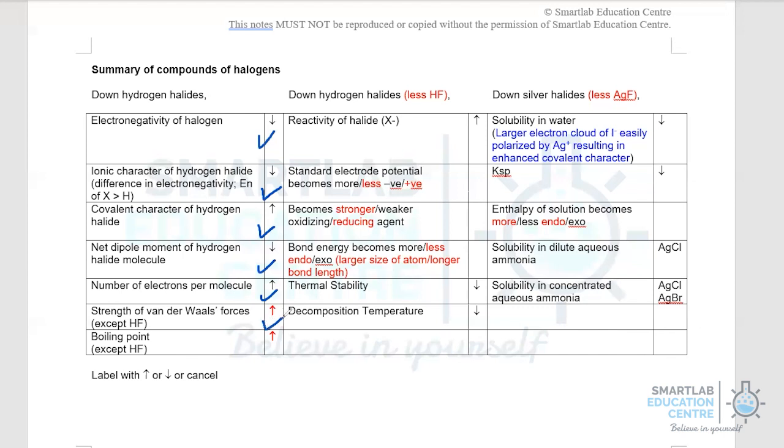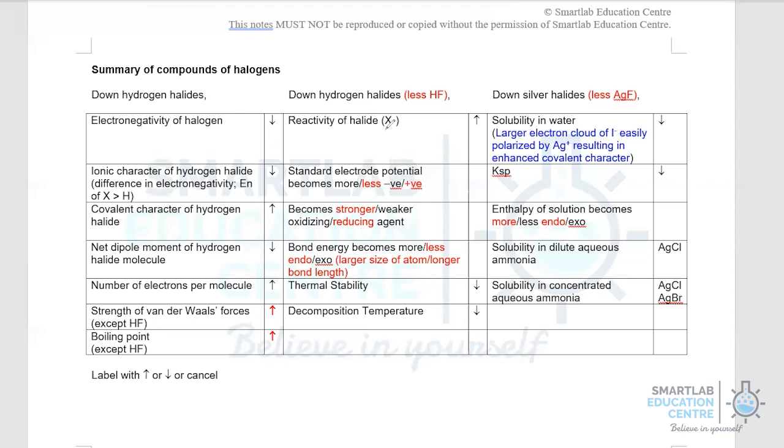So the strength of intermolecular forces increases down the group for hydrogen halides, and therefore their boiling point increases. Of course, we have to leave out HF because HF is able to form strong intermolecular hydrogen bonding, which explains why it has the highest boiling point amongst all the hydrogen halides.